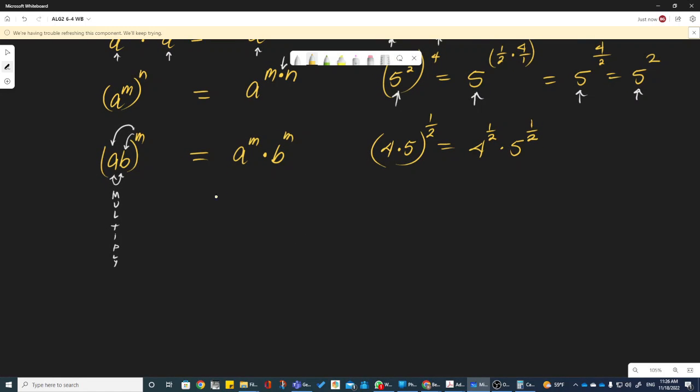Okay, so now a couple of minor properties that you should know. Okay, hang on, let me fix this part. Okay. And then you have a to the power of minus something, okay? Every time you see a minus on the exponent, like here, okay?